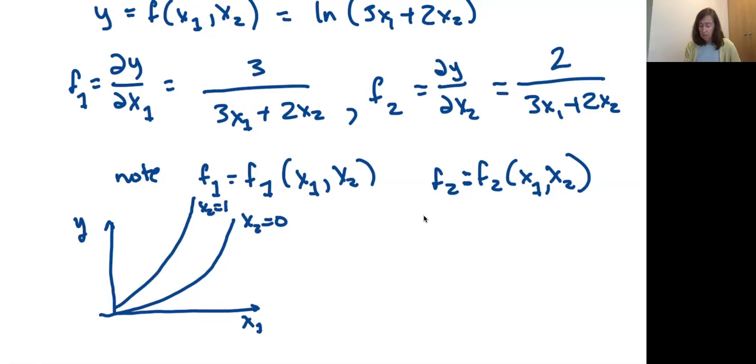And the thing I want to emphasize here is we take a particular value of x1 here, x1 bar, and yes, the slope of the tangent line is different. So this tells us the slope of that tangent line is the first derivative of f, y equals f of x1 and x2, evaluated at x1 bar, this x value, and x2 equals 0.